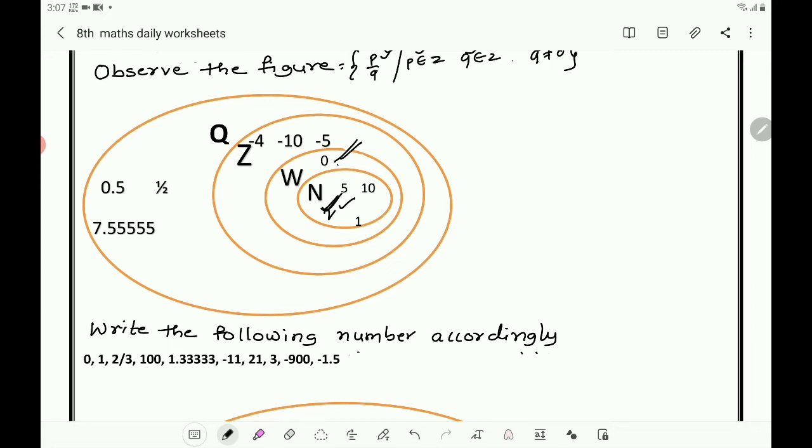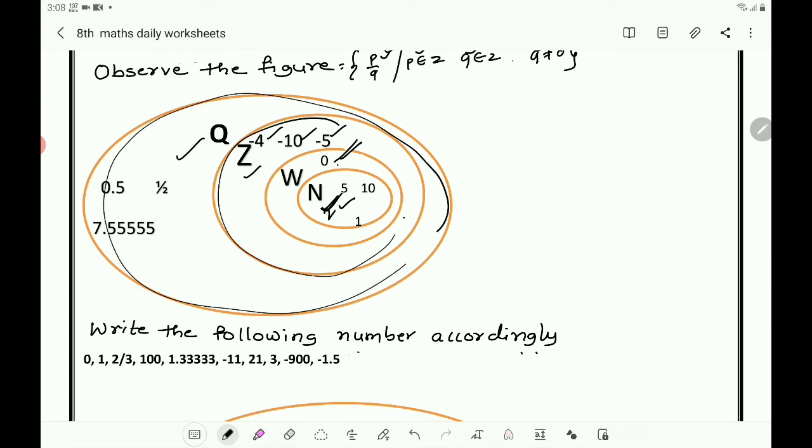Now you take minus 5, minus 4, 10, minus 4. These are not natural numbers and whole numbers, but they are integers. So they come only in the set of integers. Next, Q. Q includes all.